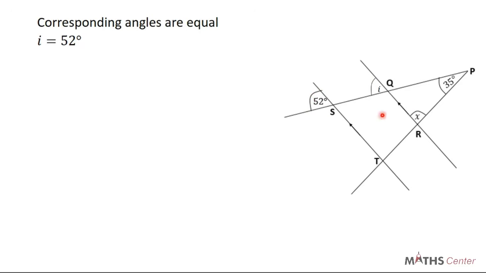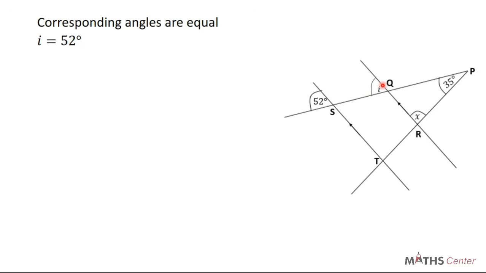This is a parallel line, this is a parallel line, this is a transversal. If you watch the video on properties of parallel lines, angles in parallel lines, you can see that I and 52 degrees are corresponding angles. And we know that corresponding angles are equal, so I is equal to 52 degrees. I hope that is clear.